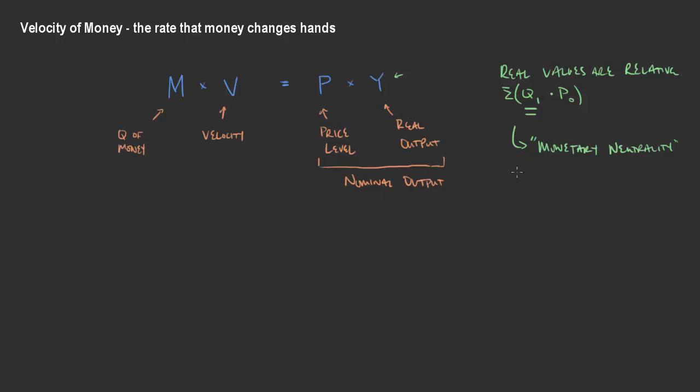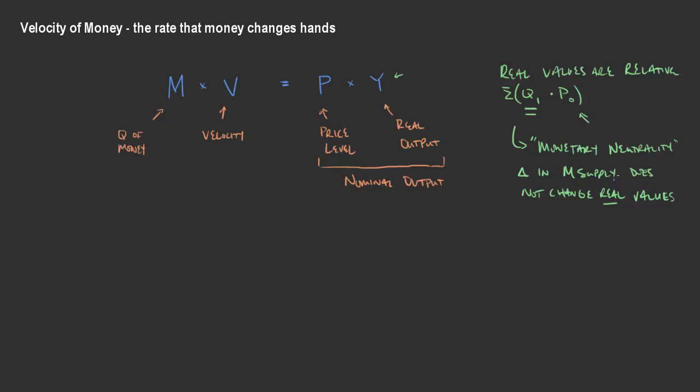Let me go ahead and write that out here real quick. The change in the money supply does not change real values. And that's just because of exactly what we were talking about.